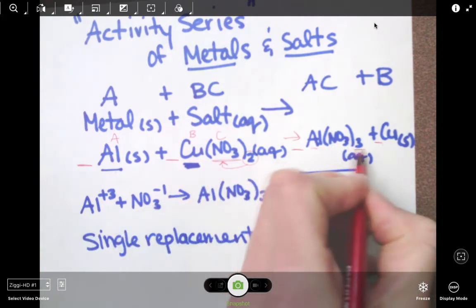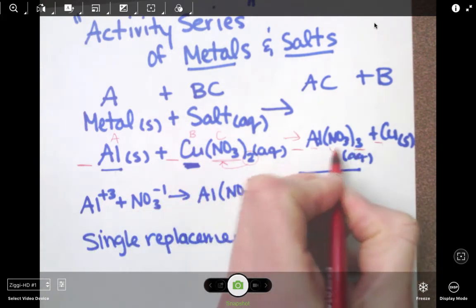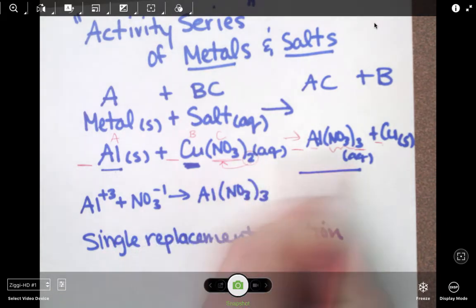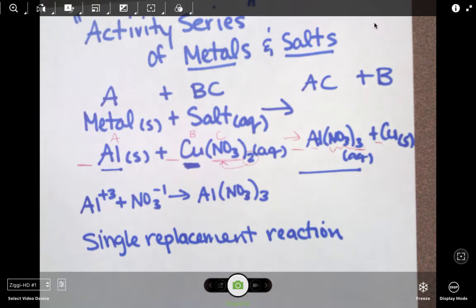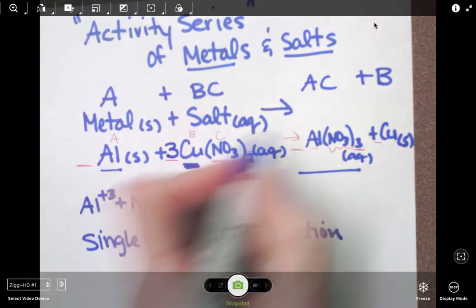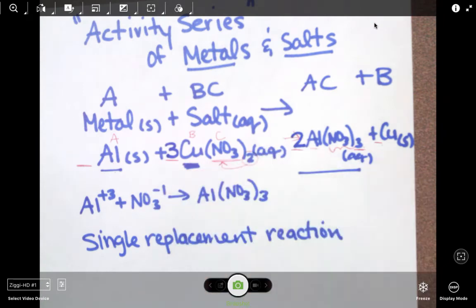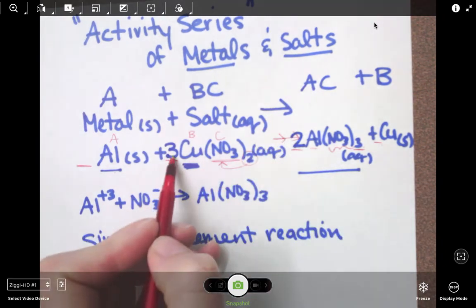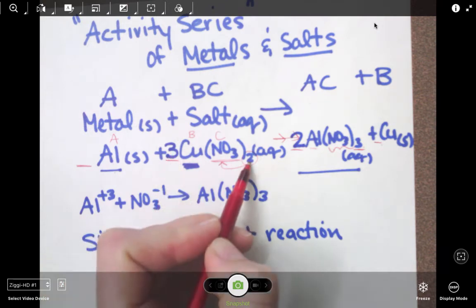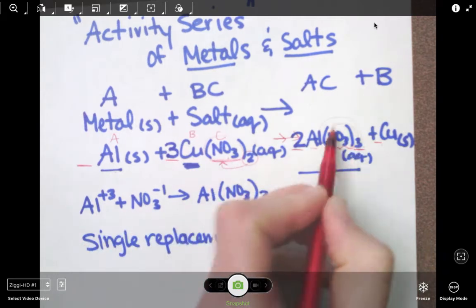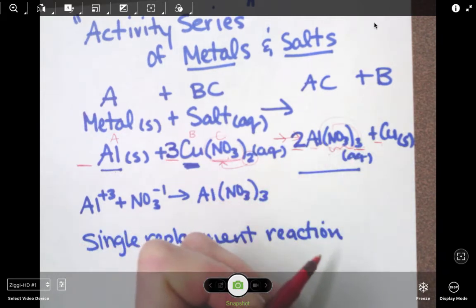And over here, I have 3 nitrates, so 3 of this entire thing. So the least common multiple between 2 and 3 is 6, and so what I'll do is I will put a 3 here and a 2 here. Move my arrow over. And so now you multiply them across, so now I have 3 times 2 is 6 nitrates, 2 times 3 is 6 nitrates, so those are now balanced.